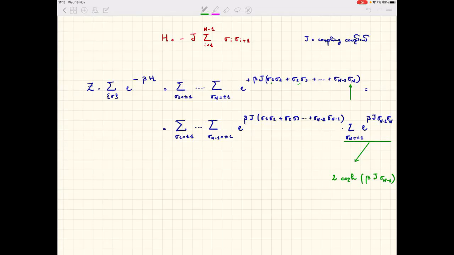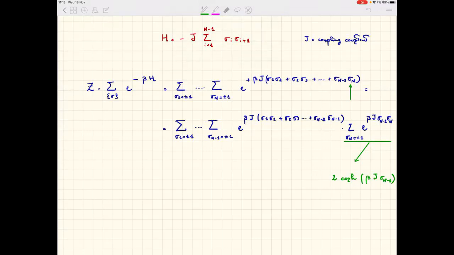And now the point is the following. Does this expression depend on sigma n minus 1 or not? This is a question to you. No, it's not.